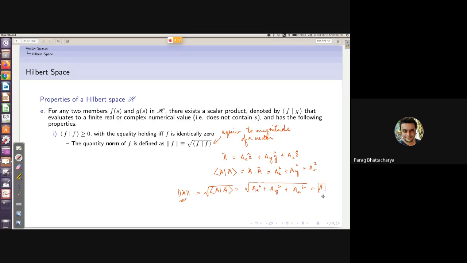So the norm becomes the magnitude of a vector in the case of ordinary vectors.